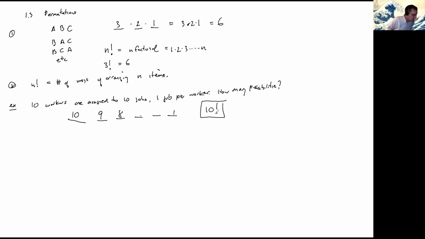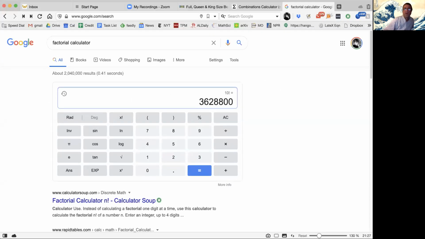So you can compute 10 factorial on your calculator, or you can use a web-based calculator to compute it. I can actually pull one up. Let me pull one up. One second.